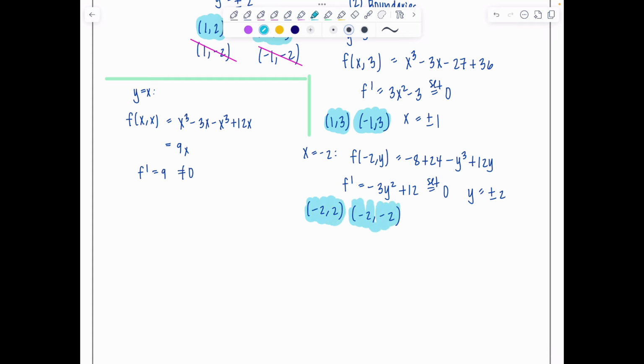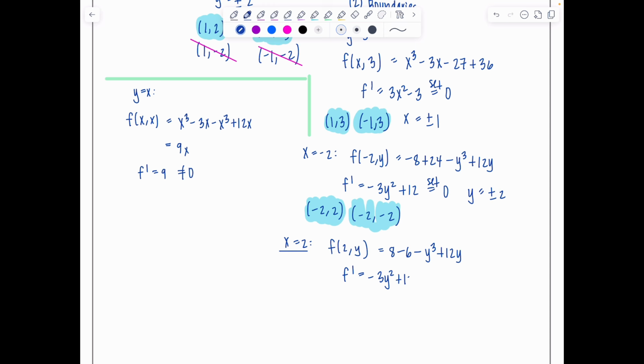And then one more. X equals +2. Then you have f of 2 comma y. So 8 minus 6 minus y cubed plus 12y. F prime is -3y squared plus 12. Set it to 0.